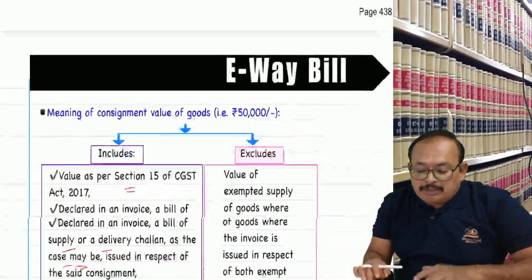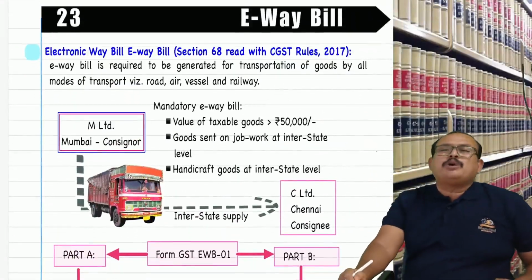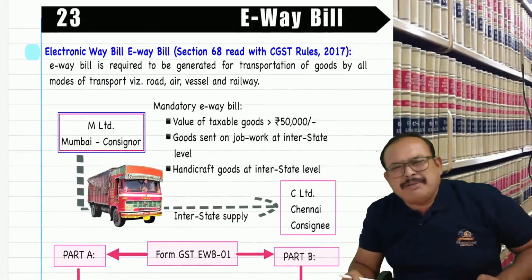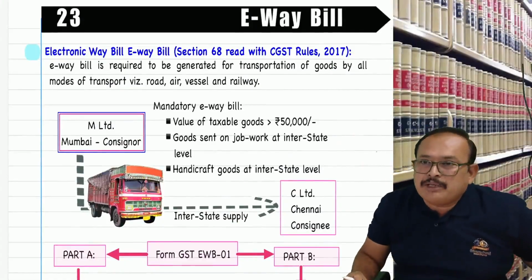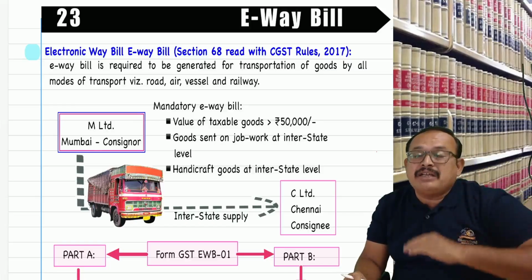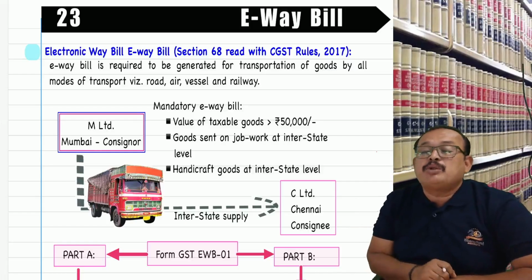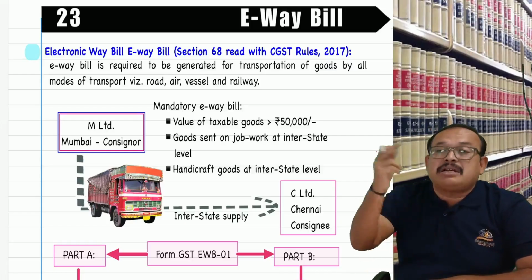Further, an e-way bill is also mandatory irrespective of the value of the goods if the goods are transported by road, by rail, by vessel, or whatever mode of transportation is permitted, in the case where goods are sent under job work by the principal to the job worker at interstate level.